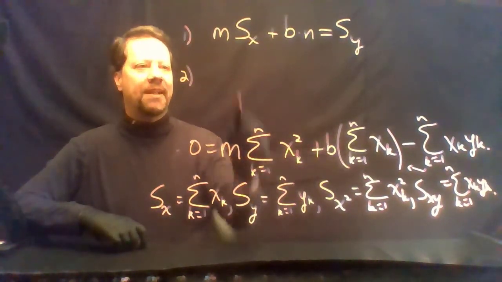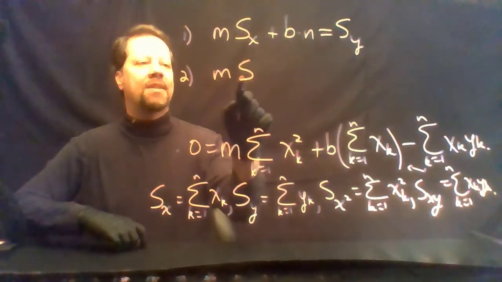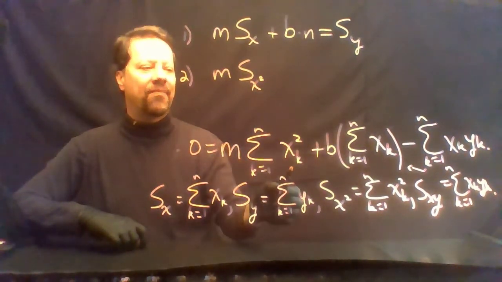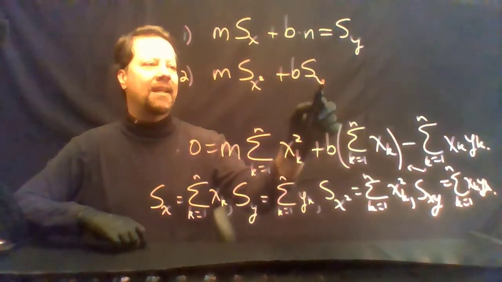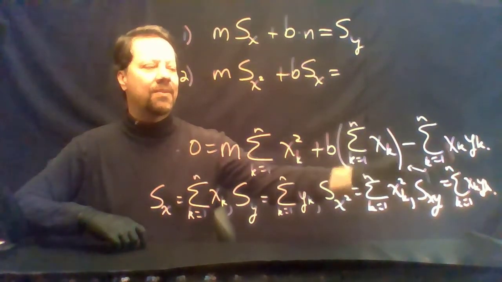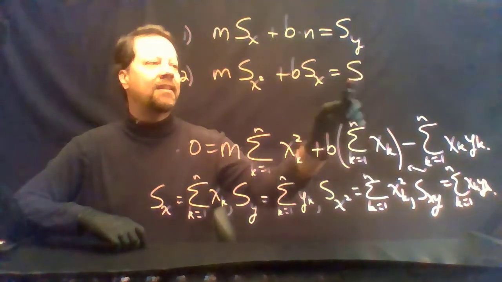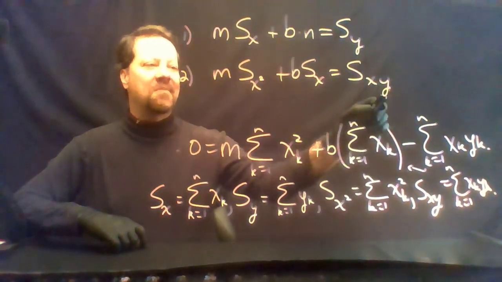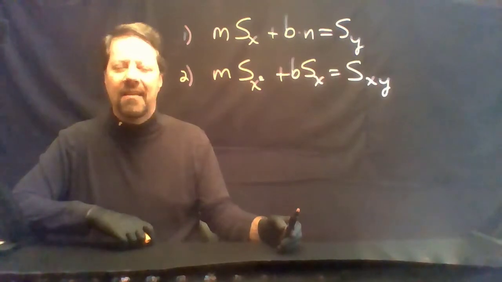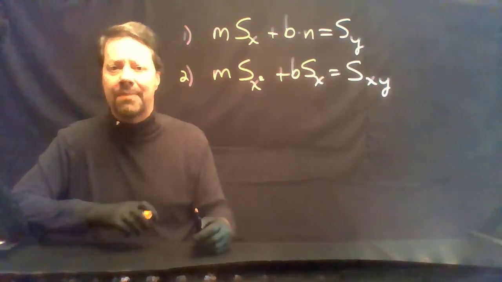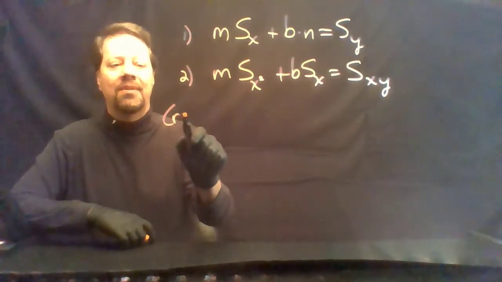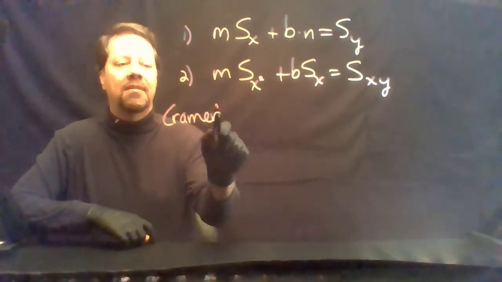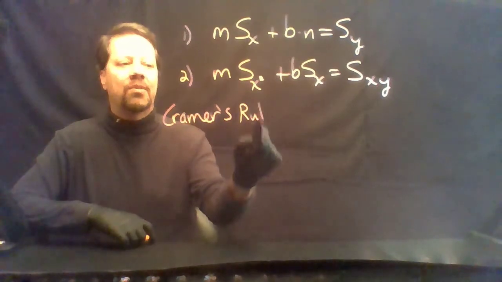The second equation becomes m times the sum of the x squareds plus b times the sum of the x's equals, moving this to the other side, the sum of the x times y's. We can solve this system of equations by any number of ways. I suggest that we use Cramer's rule.